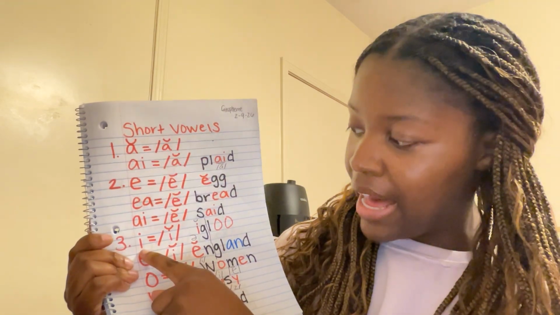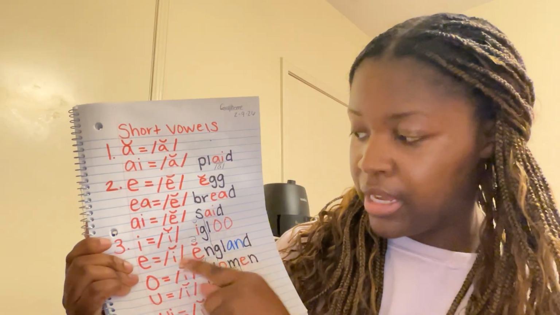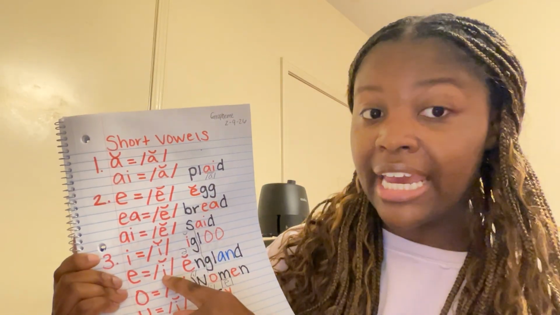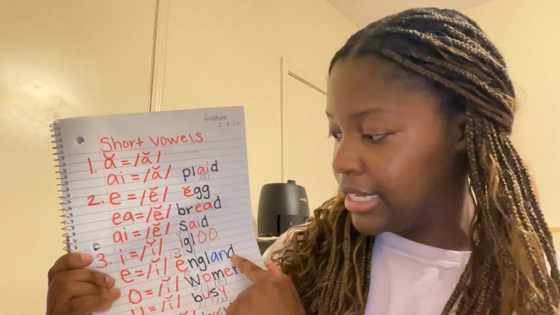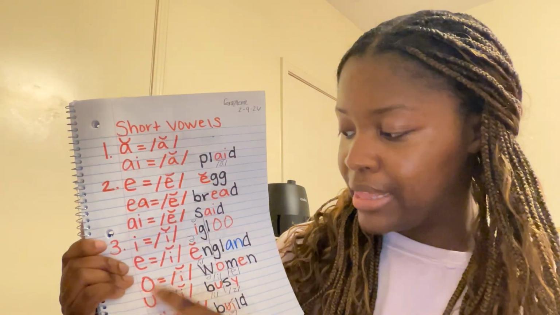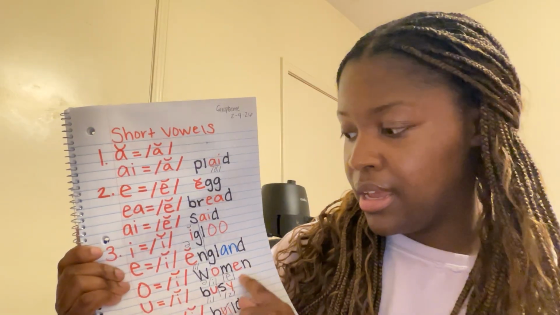Next, I have I that says ih, like in igloo. Next, I have E that sounds like ih, like in England. Next, I have O that says ah, like in almond.